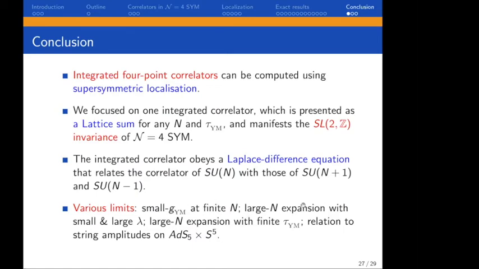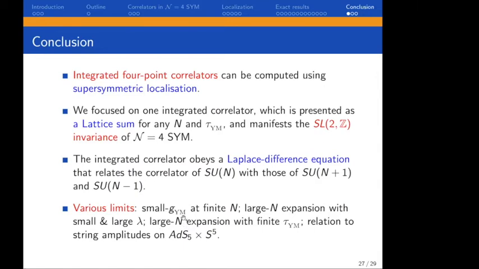We also studied the large N expansion with a small and large lambda expansion, in particular emphasizing the convergence properties of this expansion. In the case of the small lambda expansion, the perturbation theory is convergent with a finite radius, and the large lambda expansion is not convergent and not even Borel-summable, and requires a virtual instanton completion.